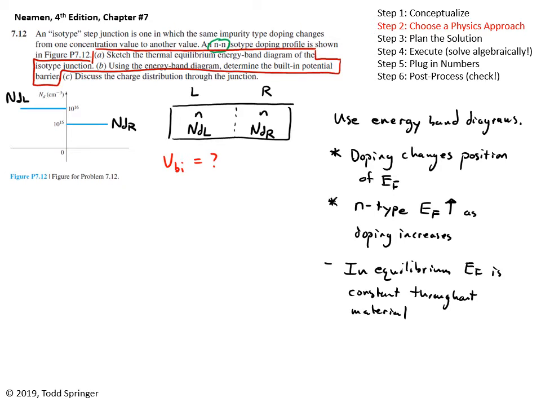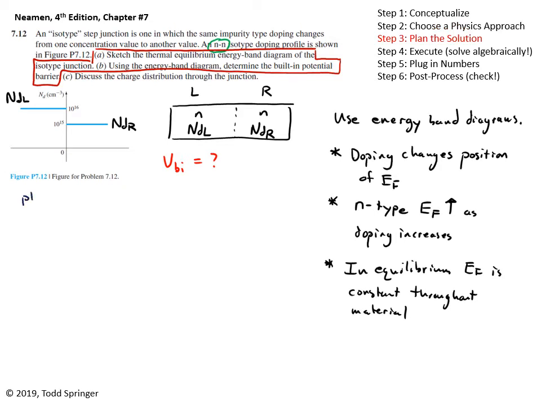So that means the Fermi energy is in different spots initially. Then when these two materials are put in contact and it forms equilibrium, EF has to become a constant. And as a result, the other bands, the conduction band, the valence band, and EFI, need to bend. And that's where we get our built-in potential.